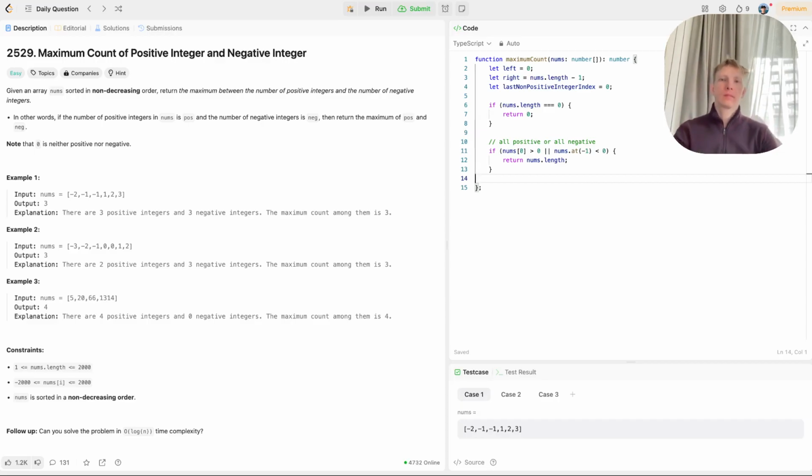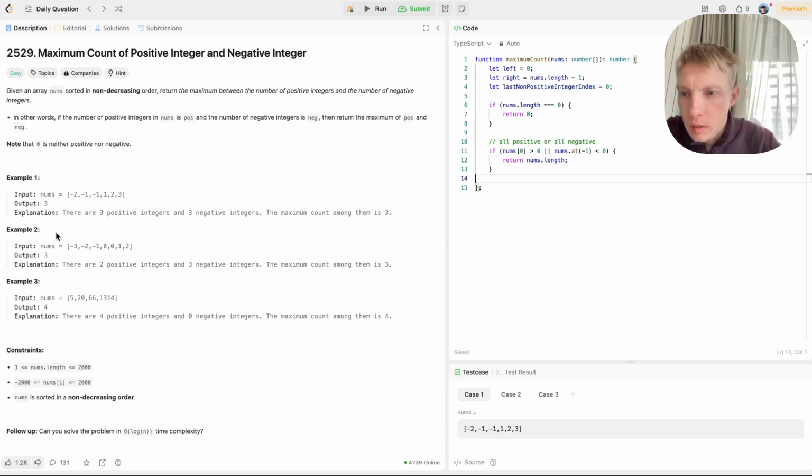And we need to find the index of the edge between them. How will we do it? If we're using binary search, would it work just as we expect? Yes, why not?